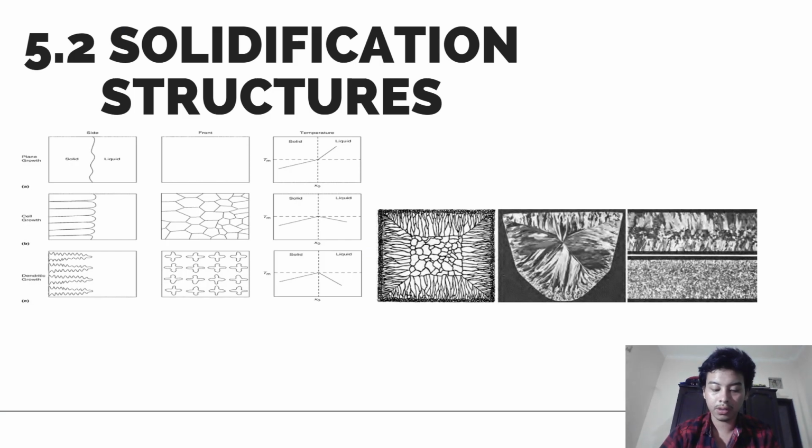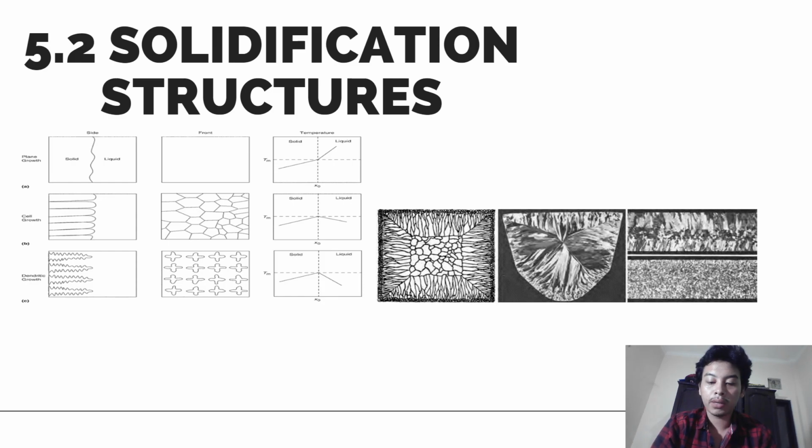Solidification structure. The solid-liquid interface during solidification normally exhibits one of three types of crystal growth in the liquid: planar, cellular, or dendritic growth, as shown in picture 5.4. The type of growth is controlled by the manner in which heat is removed from the system.